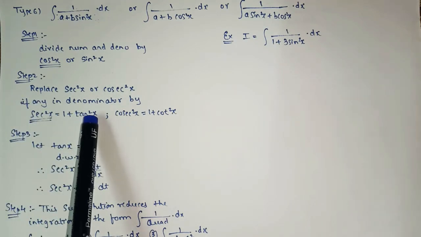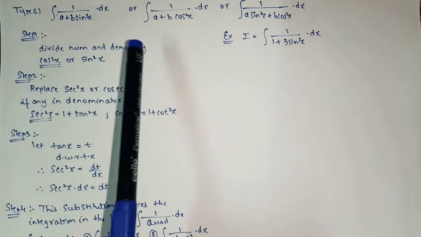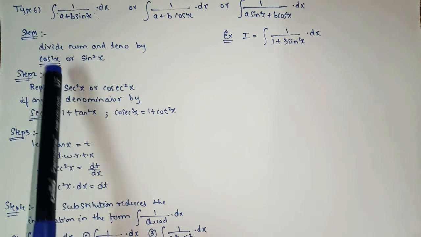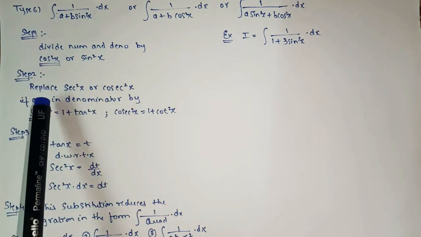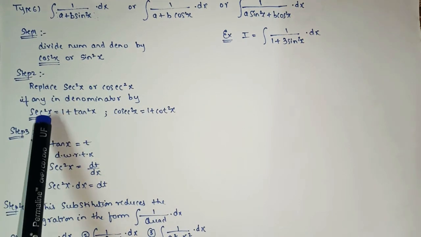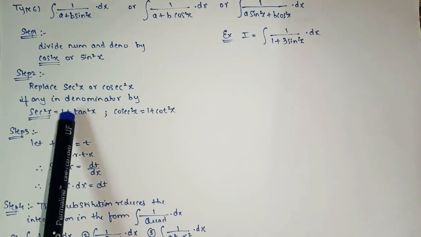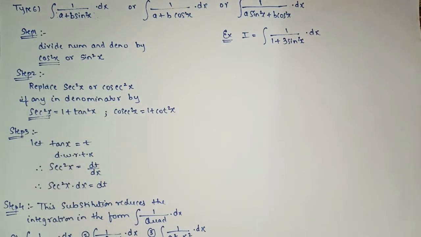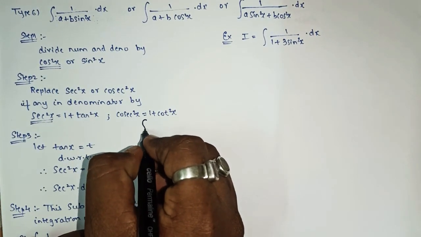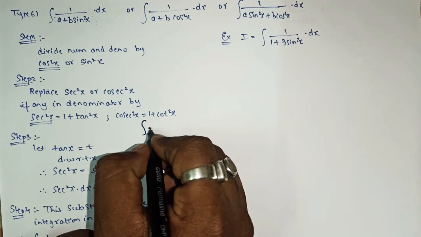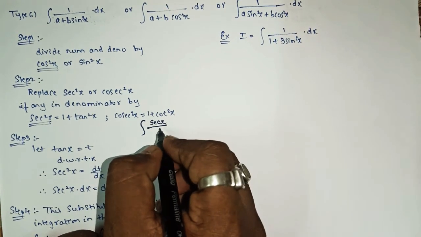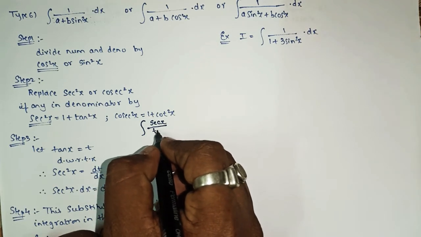So here I will suggest dividing with cos square only and replacing that 1 upon cos square by sec square, and anywhere you see sec square in the denominator, you will write sec square as 1 plus tan square x by using the identity formula. So in short, the numerator must contain only the sec part, and the denominator should contain only the tan part.